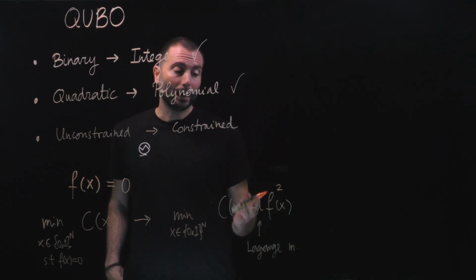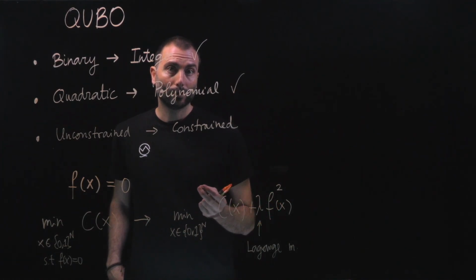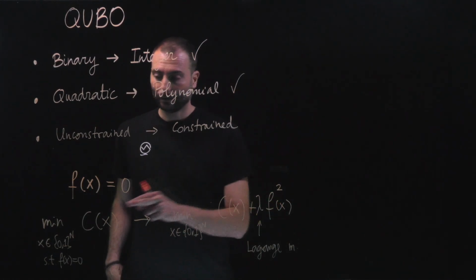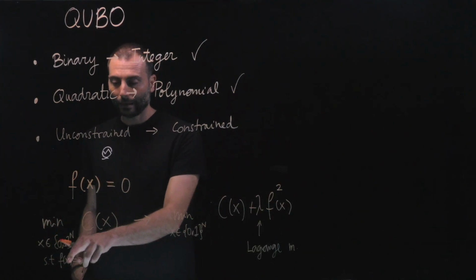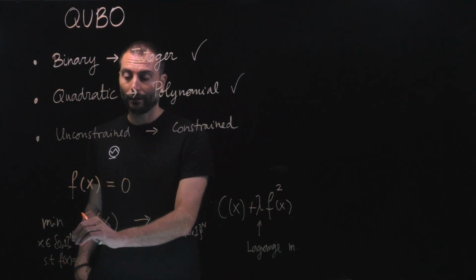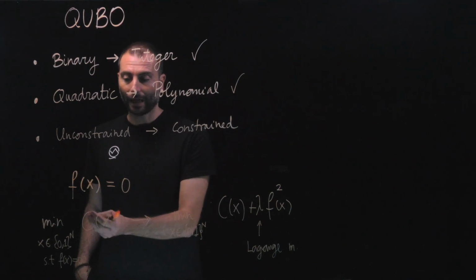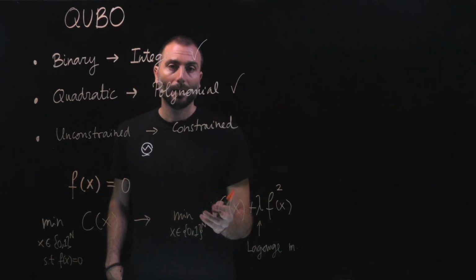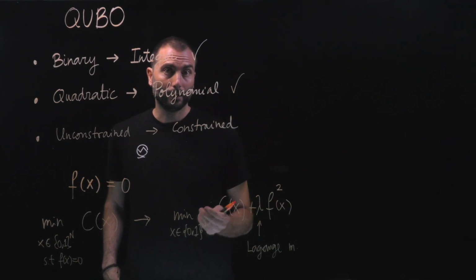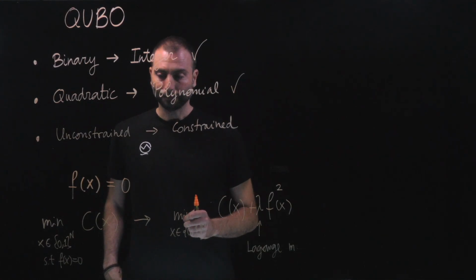So it's a kind of an art finding a value of the Lagrange multiplier that provides you solutions that are realistic or practical in the sense that they fulfill the constraint, and at the same time are good because they have a good value for the cost function. Okay?